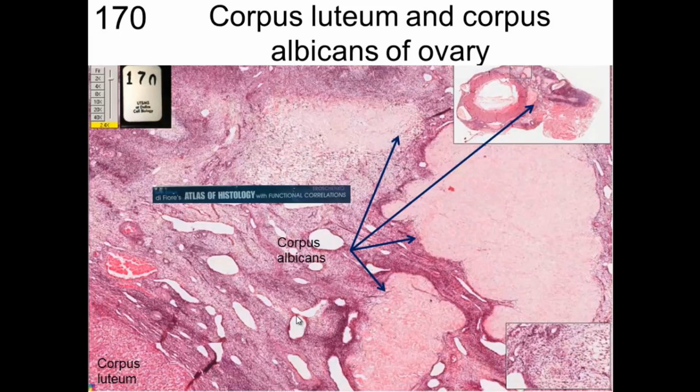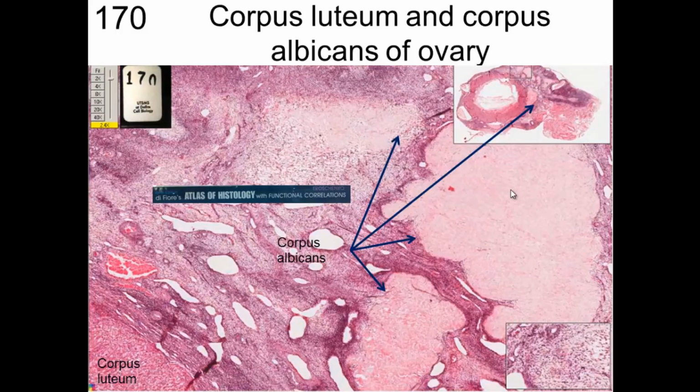Now, whenever the corpus luteum regresses at the end of pregnancy, or in the case of no pregnancy, then it regresses to a corpus albicans. So these white bodies, albicans means white bodies, we can see several of these around.